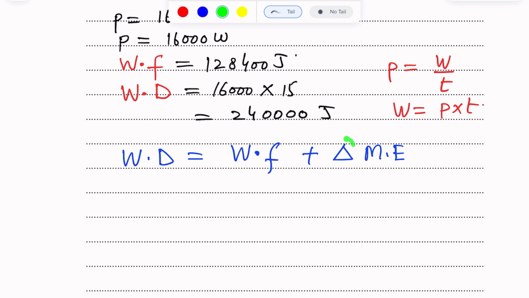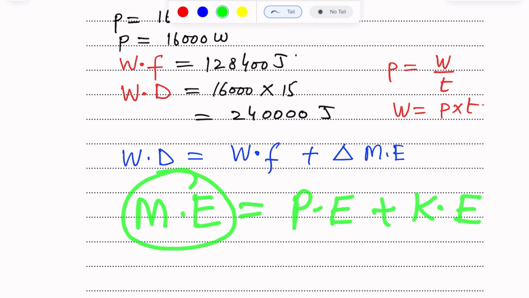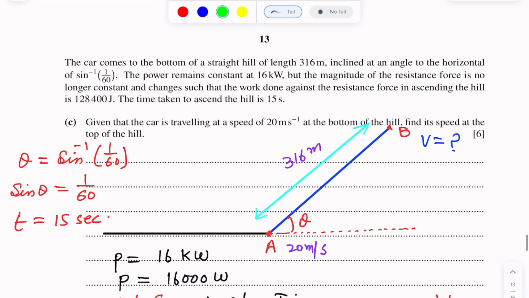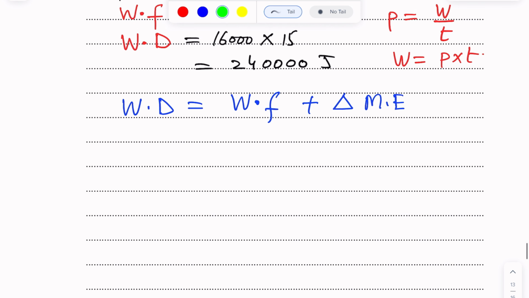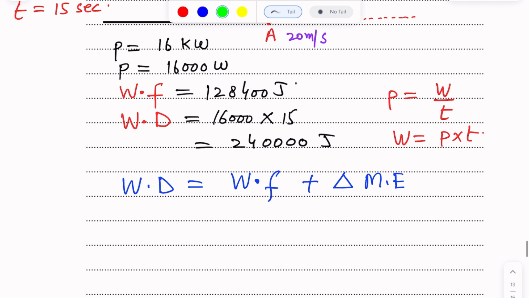This delta shows change. Mechanical energy is the sum of potential energy and kinetic energy. So first we find mechanical energy at points A and B, after putting in the values of WD and WF, and then find the change in mechanical energy.